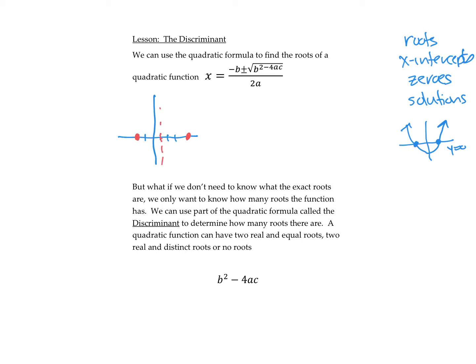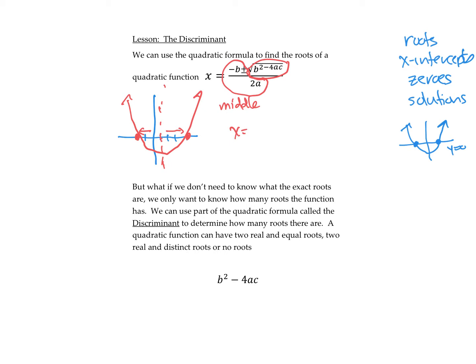This is our axis of symmetry because it is symmetrical. So this middle cuts it in half, and then the root to the right is the same distance as the root to the left. So this part of the quadratic formula is the middle. And then this is describing what distance we go to the right and to the left.